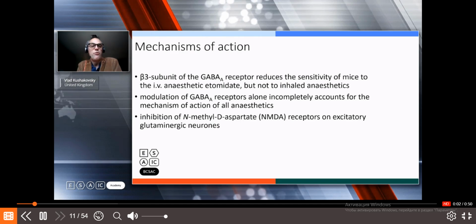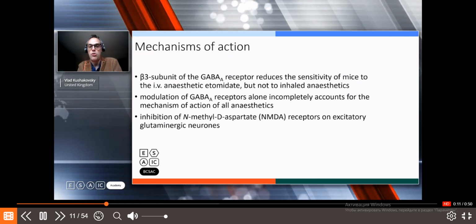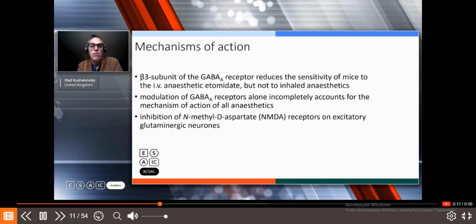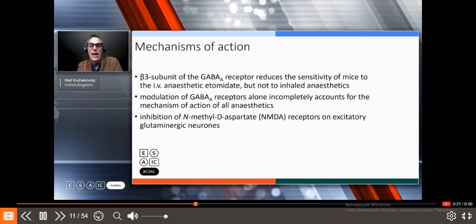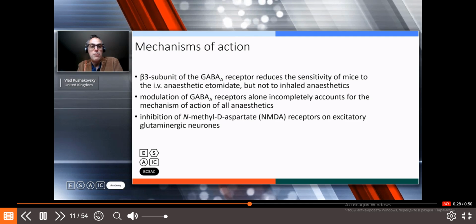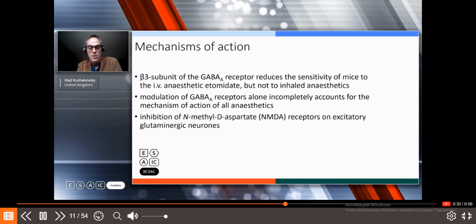Continuing with mechanisms of action, a mutation in the beta-3 subunit of the GABA receptors reduces the sensitivity of mice to the IV anesthetic etomidate, but not to inhaled anesthetics. Modulation of GABA receptors alone accounts incompletely for the mechanisms of action of anesthetics. NMDA receptors also play an important role, particularly for some intravenous anesthetic drugs.